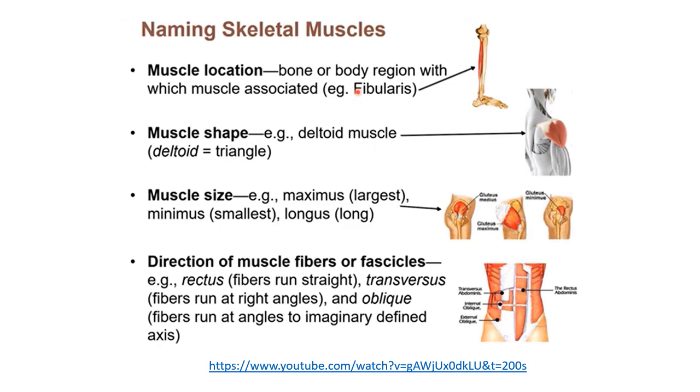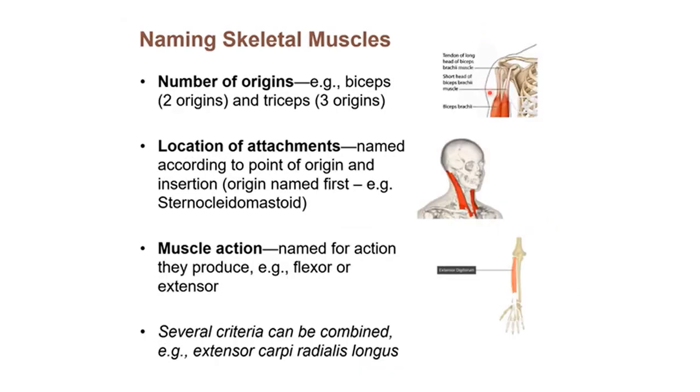We're going to look in more detail here. You can also name the muscles by the number of origins that the muscles have. A couple of muscles that I hope everybody's very familiar with are the biceps that have 2 origins, and also the triceps that are on the back of the arm, they have 3 origins. So very simple, well-known muscles.